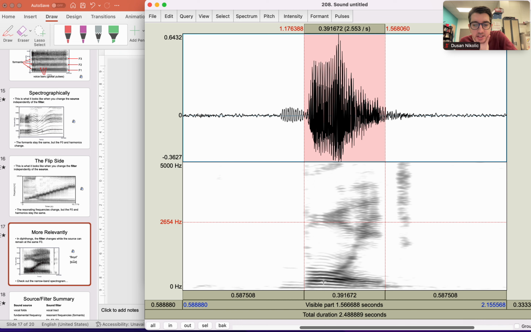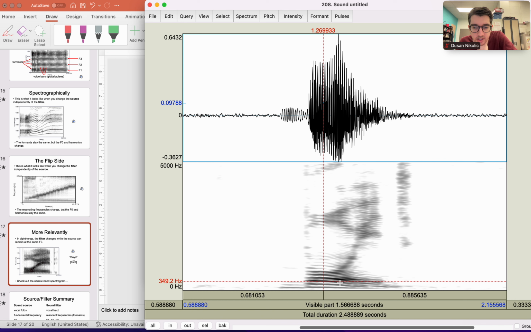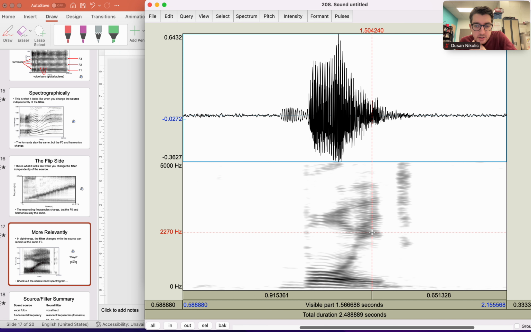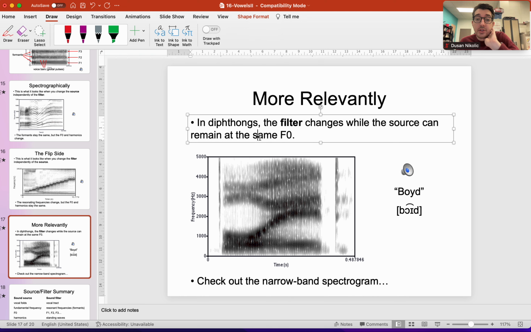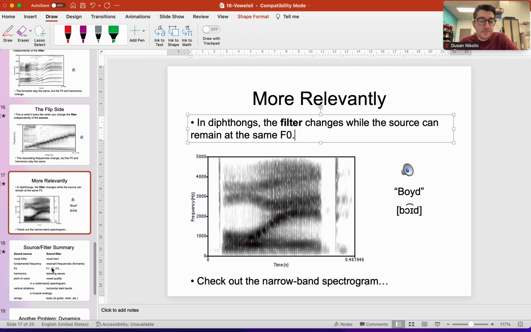We can see that this harmonic, F1, pretty much remains the same throughout, right? At around 400, but the second harmonic here is amplified a little bit, and then the second harmonic here rises, right? It's not anymore the second harmonic, it's who knows which, right? Like, let's say the 15th harmonic is being amplified. And that's important to understand, that the filter changes while the source can remain at the same F0.